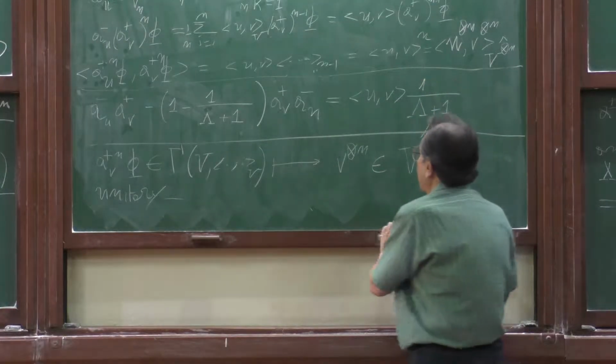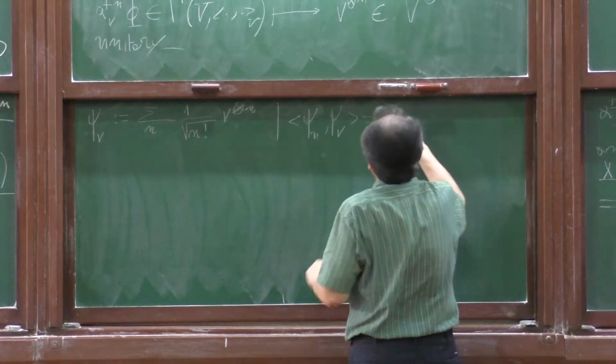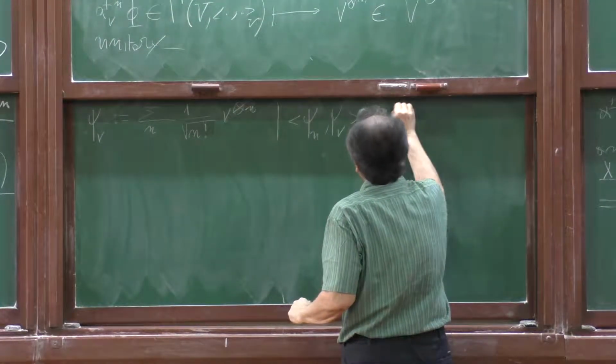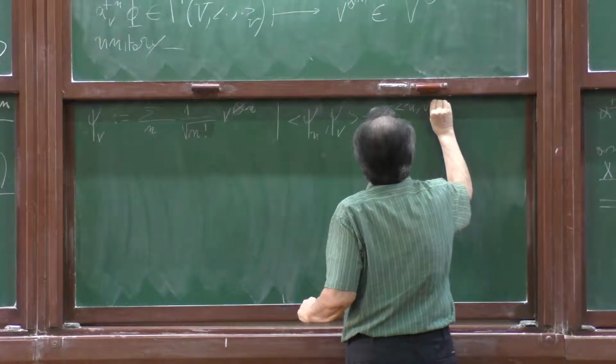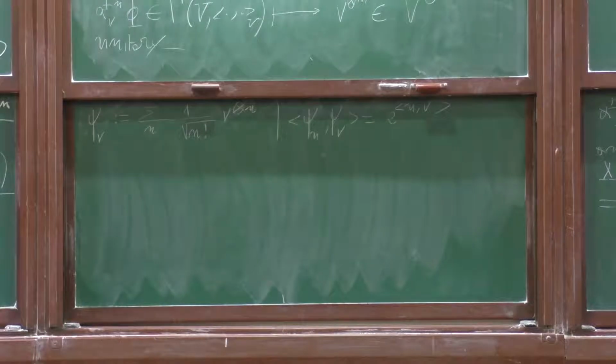So you get the exponential series and you get the famous reproducing kernel property. Okay?